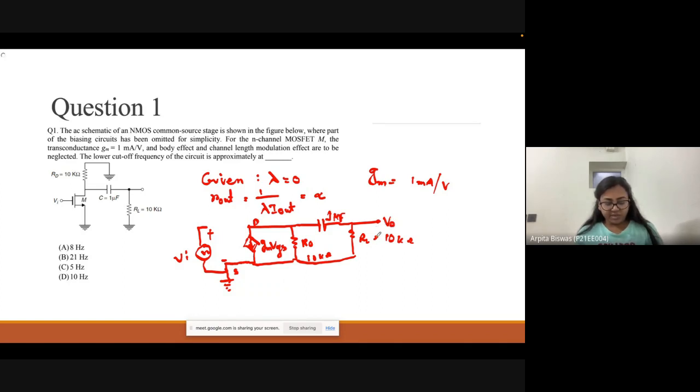Now tell me, if there is this type of AC equivalent model, how do we calculate the frequency with respect to this coupling capacitor CC? Do you have any idea?